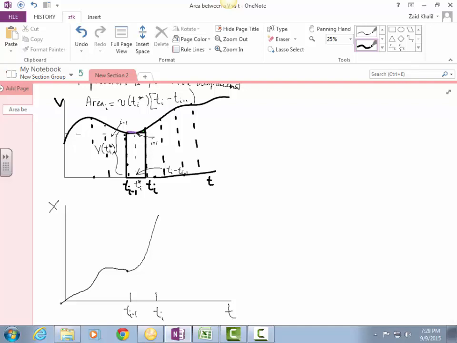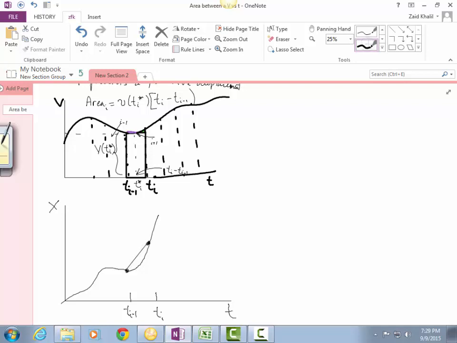What we know from the prior class is that there's going to be a point in this interval between t sub i minus 1 and t sub i such that the secant line is parallel to a line tangent to that point.